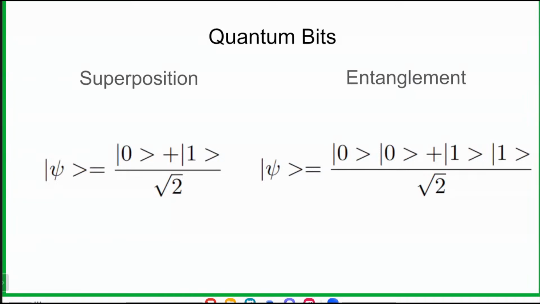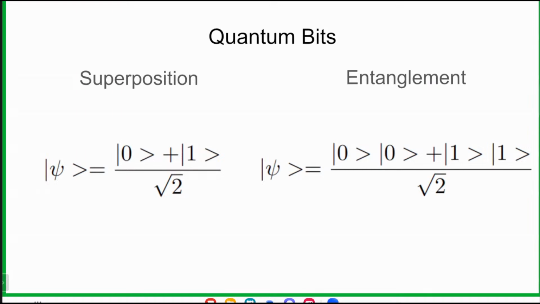If we compare classical and quantum bits, a classical bit is 0 or 1. At any point of time, a given classical bit is either 0 or 1. But quantum bits have peculiar properties like superposition. For example, in the state (0 + 1)/√2, we can't say that this quantum bit is in state 0 or state 1.